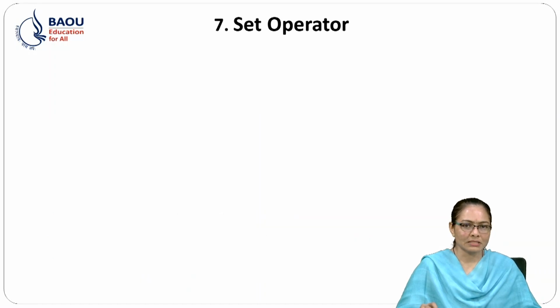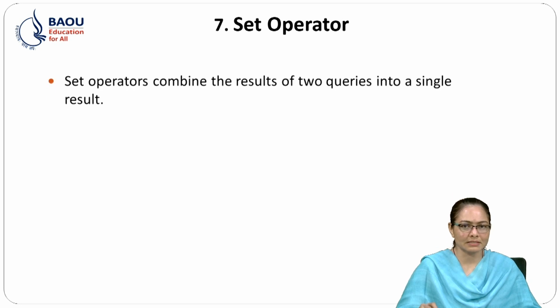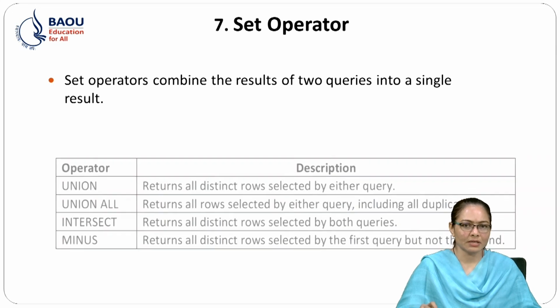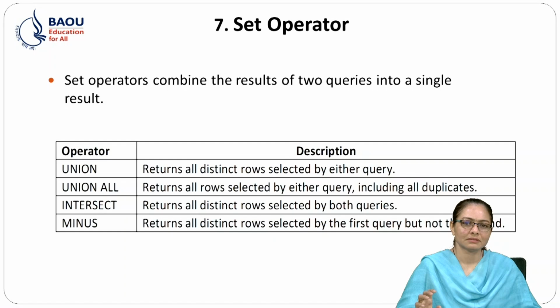Now the last one is set operators. Set operators combine the results of two queries into a single result. Here UNION, UNION ALL, INTERSECT and MINUS are used as set operators. These four operators are used as set operators.